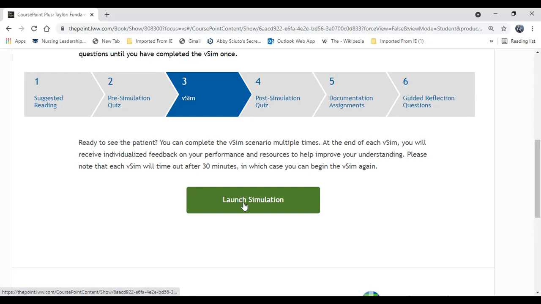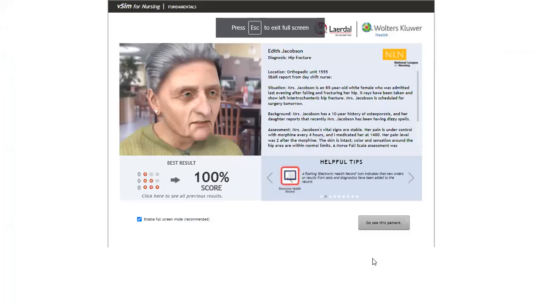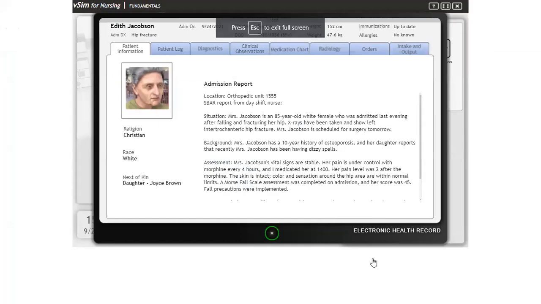Once you go there, you can launch the simulation, and then you hit go see this patient. It takes you into the actual simulation.